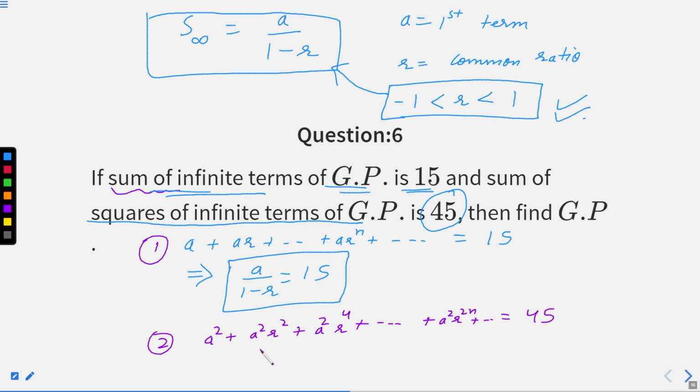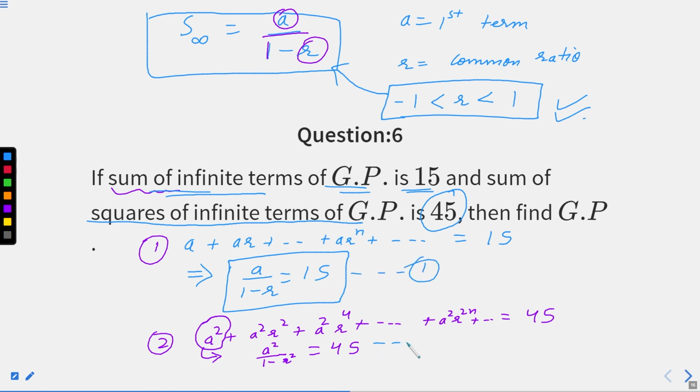That means from the formula, the first term for this GP is A square, divided by 1 minus the common ratio, and the common ratio for this is R square. It is given to us as 45.